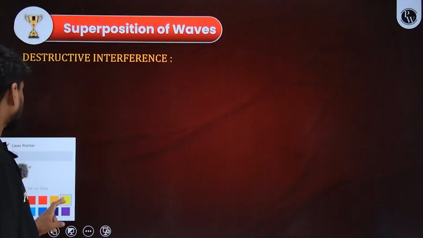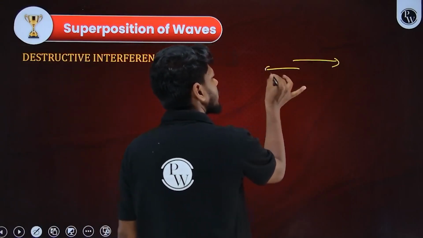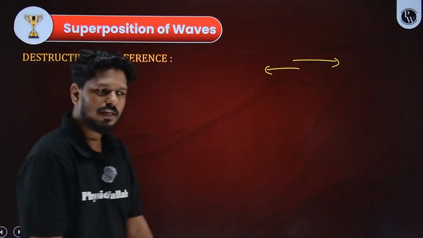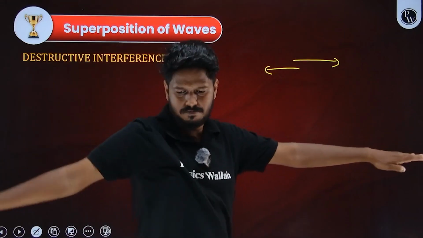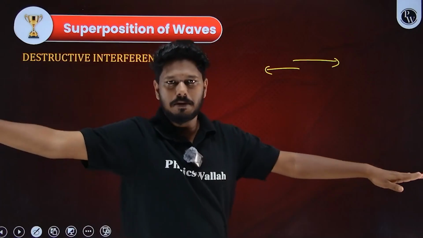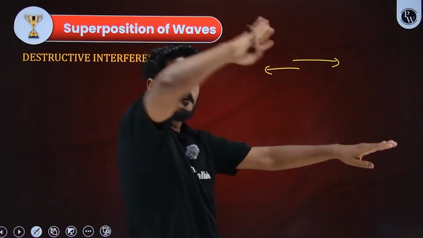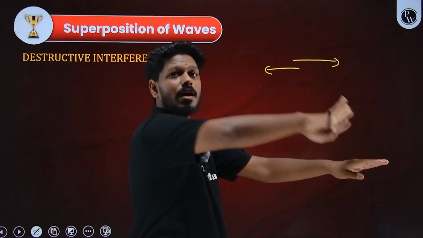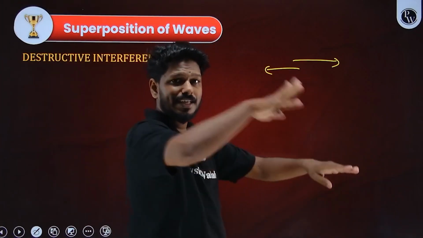What about destructive interference? If one wave is in forward direction and another wave is in backward direction. See, if there are two waves, they are in phase. Maximum, minimum, maximum, minimum, maximum, minimum. What about the angles at 0 degree? Pi, 2 pi, 3 pi, 4 pi, 5 pi, 6 pi, 7 pi.